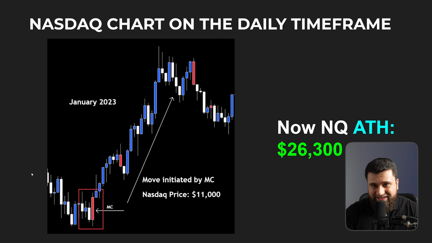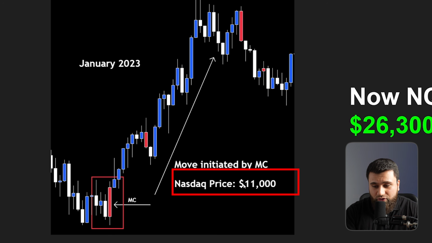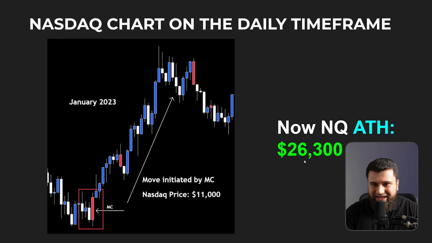Right here we have an example on Nasdaq on the daily time frame, January 2023, and the move was initiated by the manipulation candle at the price of $11,000, and you guys already know NQ all-time high is at $26,300, and we never ever broke this low again.